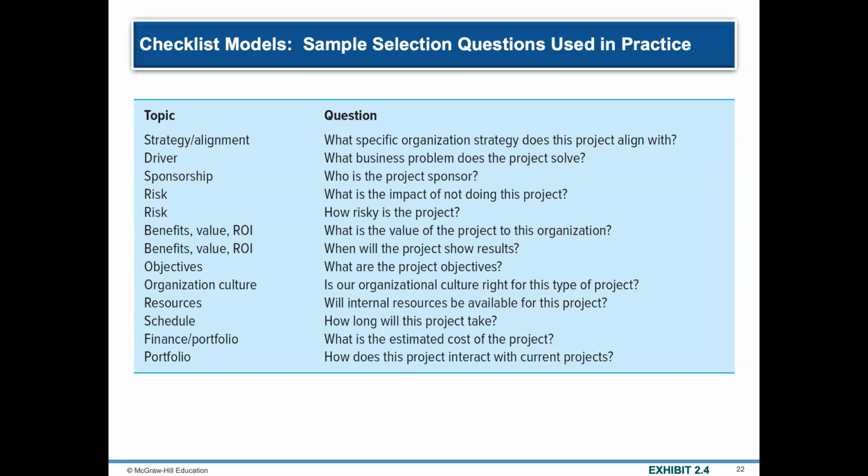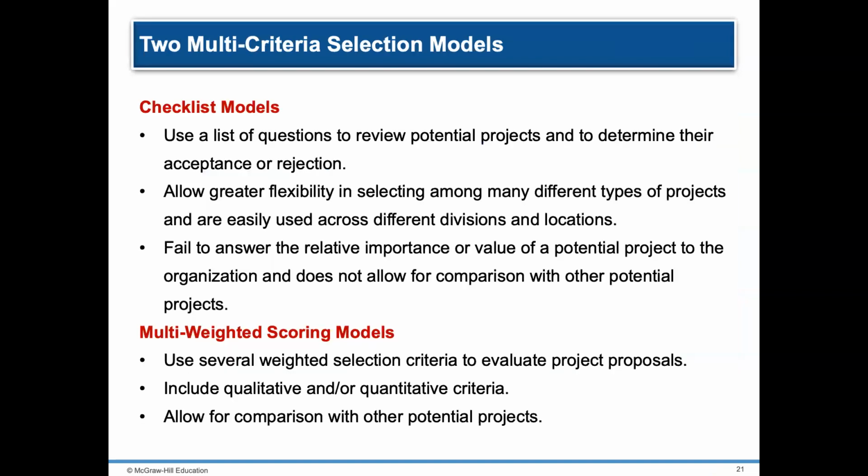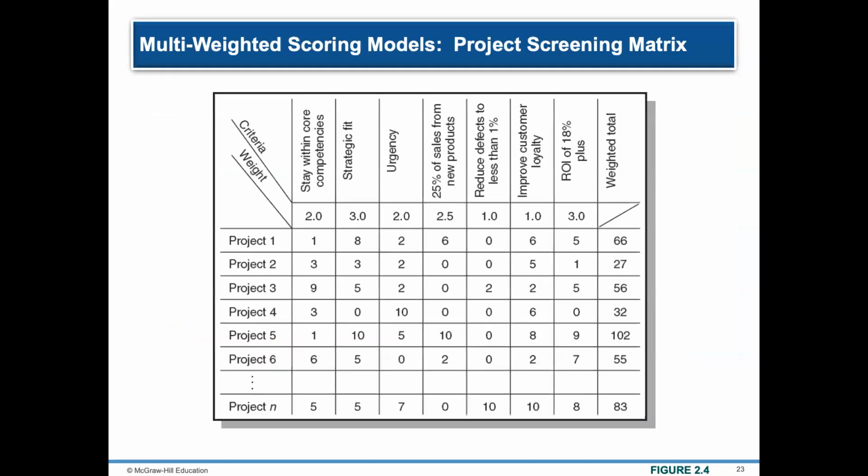And how will this project interact with other projects that are going on? So these are just some of the questions that you will need to answer when you use the checklist model. Of course, this list can actually be expanded. All right. So how about if we use a multi-weighted scoring model?